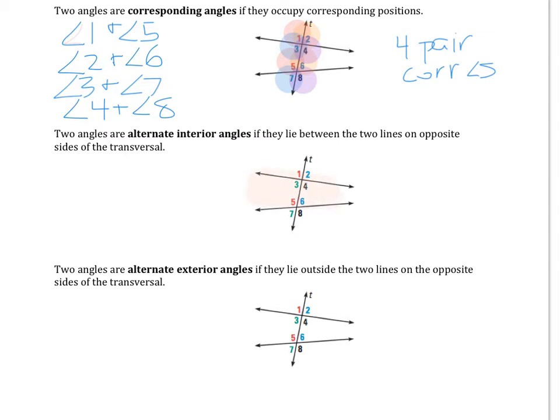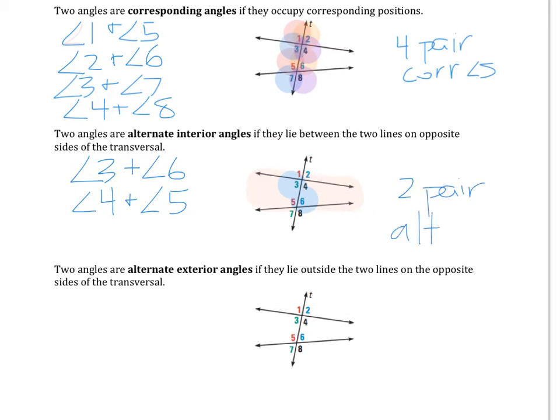So think of this area here. Alternate means opposite. So 3 and 6, and then 4 and 5. So there are 2 pairs of alternate interior angles.